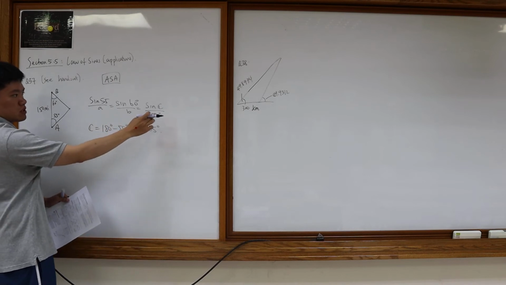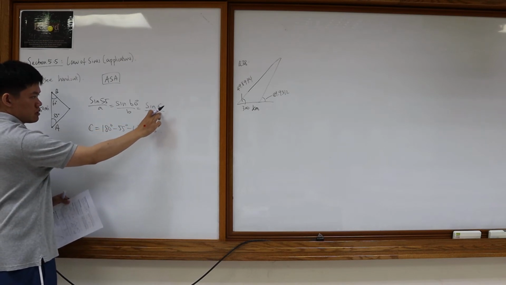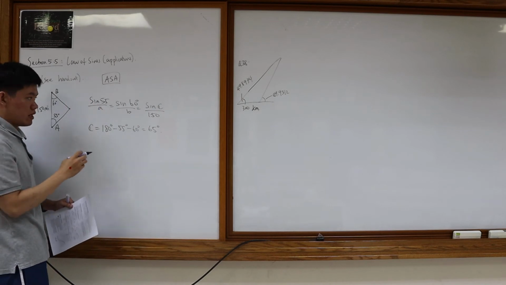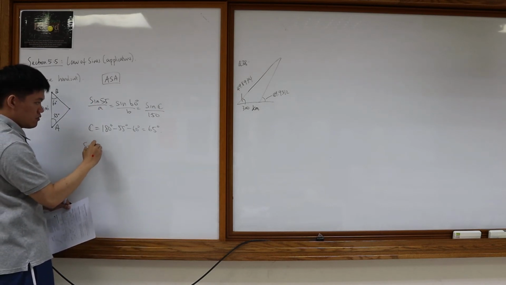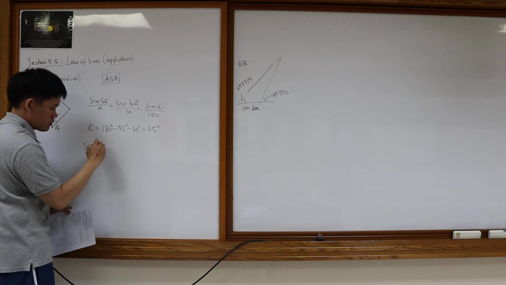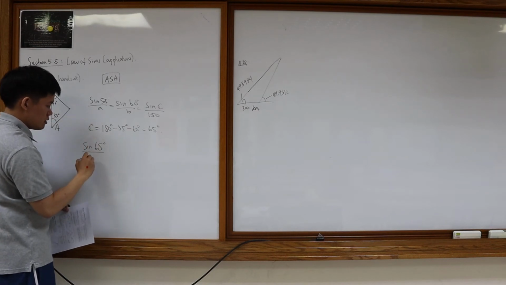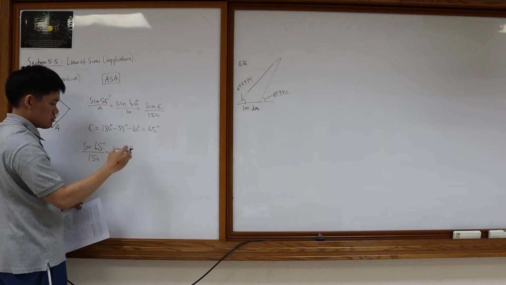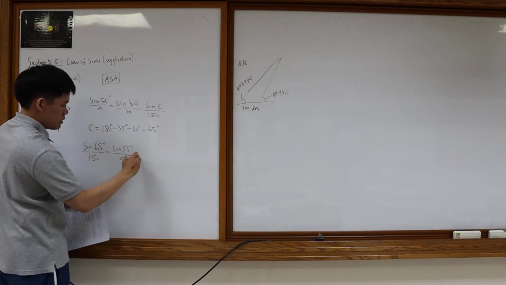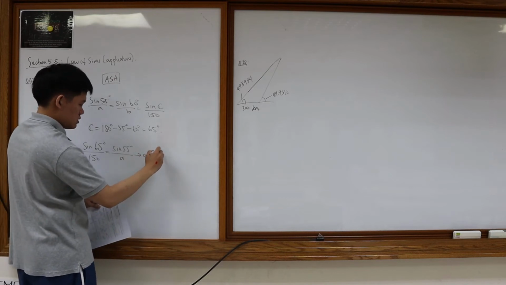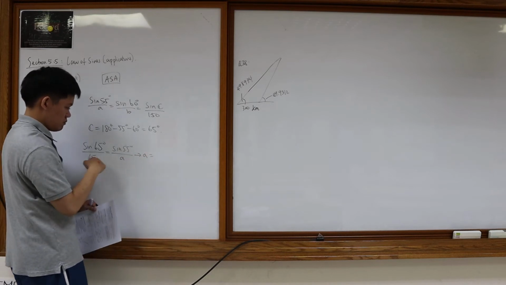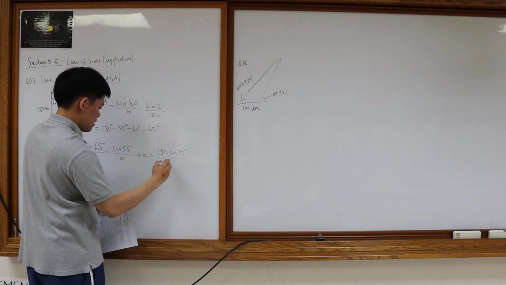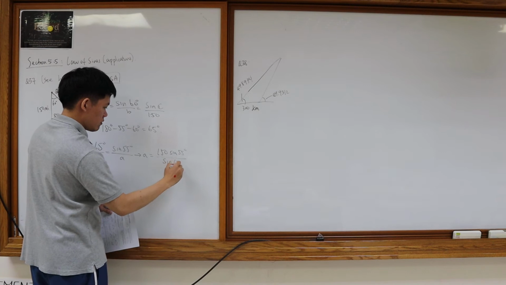So in that case, we can use sine of C over 150 is equal to sine of 55 over A. So sine of 65 degrees divided by 150 is equal to sine of 55 degrees, make sure you put degrees, divided by A. That means A is equal to 150 sine of 55 degrees divided by sine of 65 degrees.